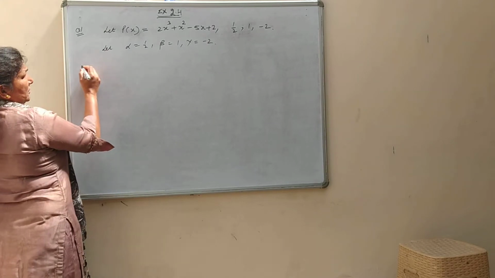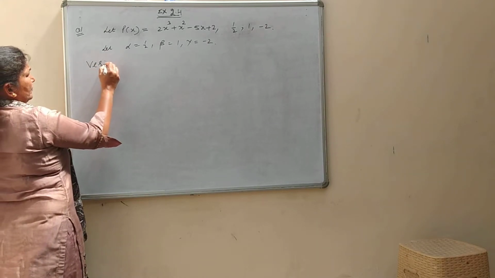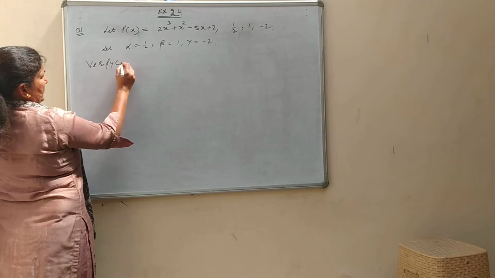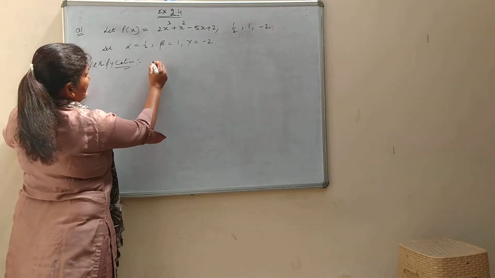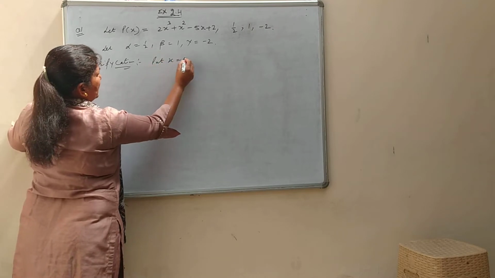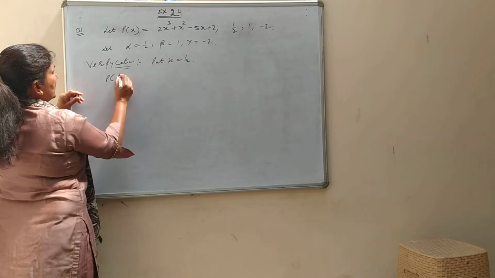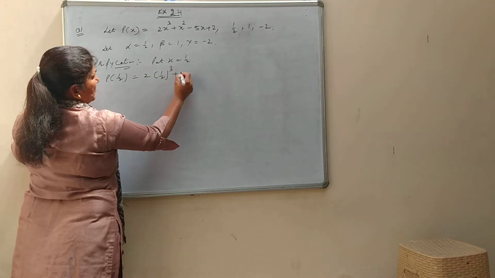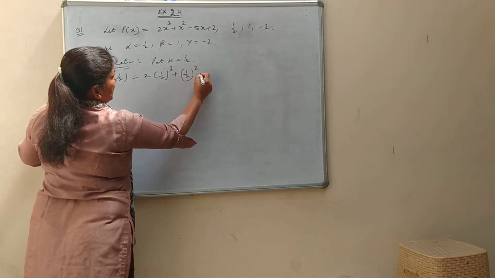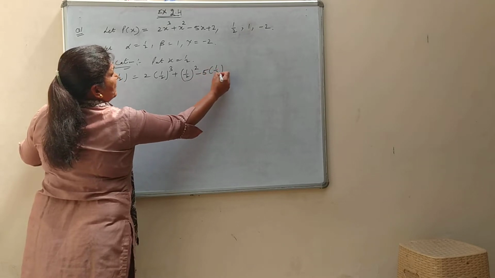For verification, put x is equal to 1 by 2. P of 1 by 2 is equal to 2 into (1 by 2) whole cube plus (1 by 2) whole square minus 5 into 1 by 2 plus 2.